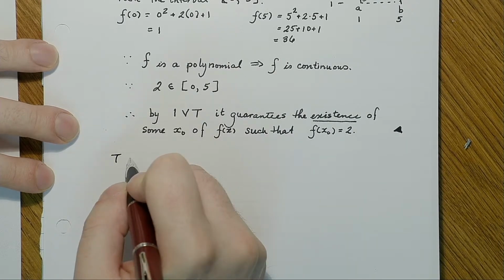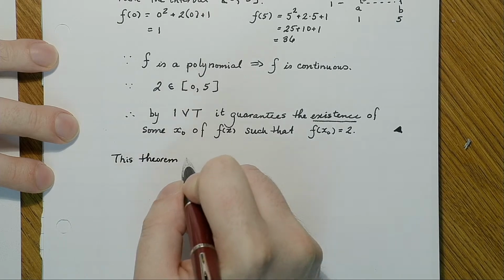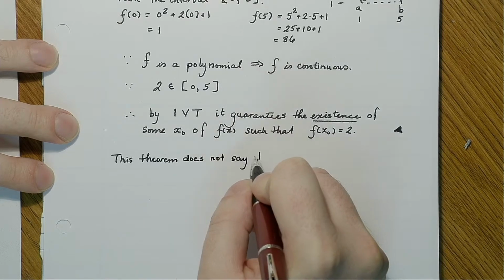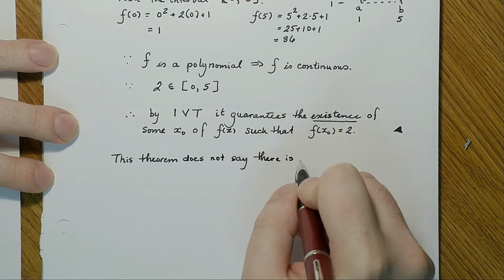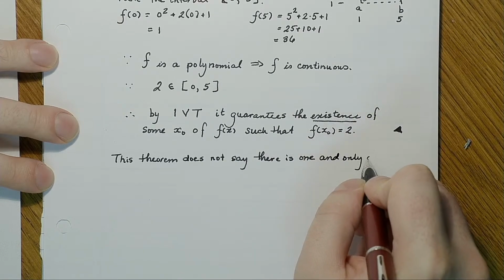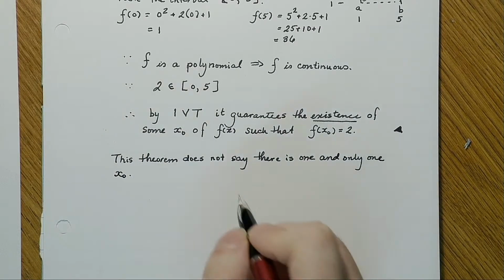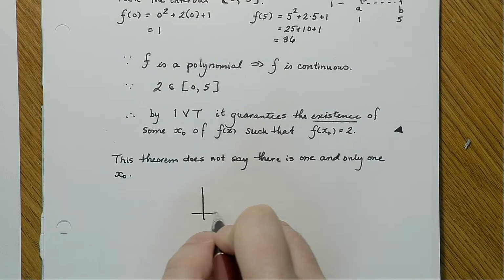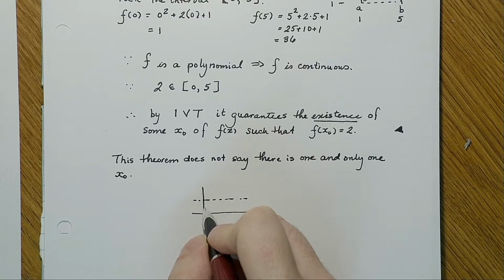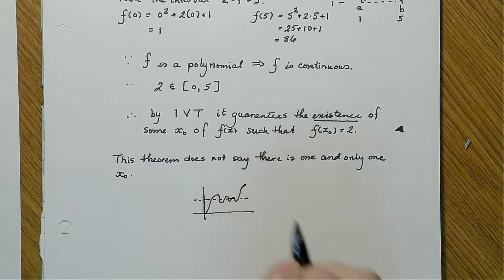So I have to make sure this theorem does not say there is one and only one x naught. Meaning that if you pick any c here, you could actually have something where the function goes back and forth a couple times and then gets to that point.